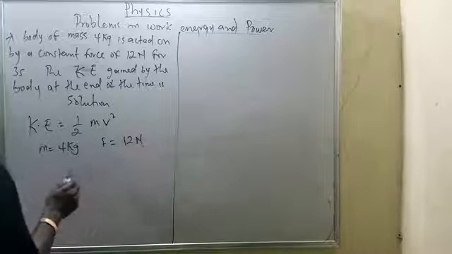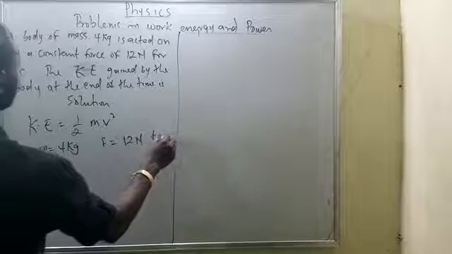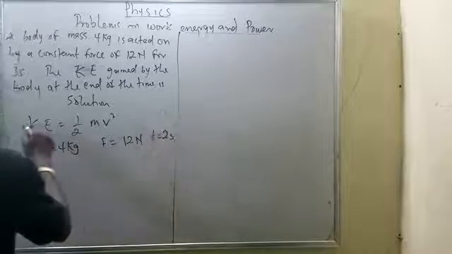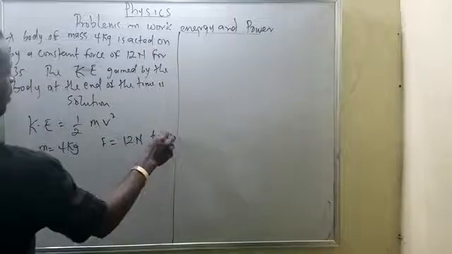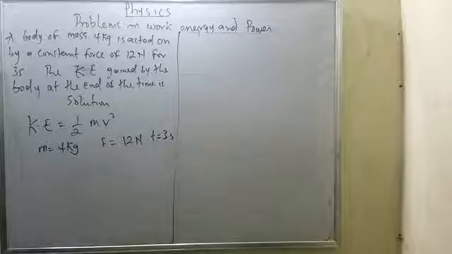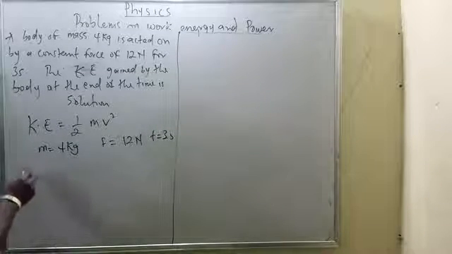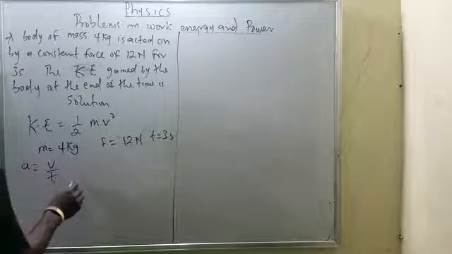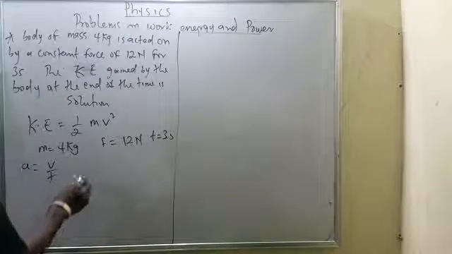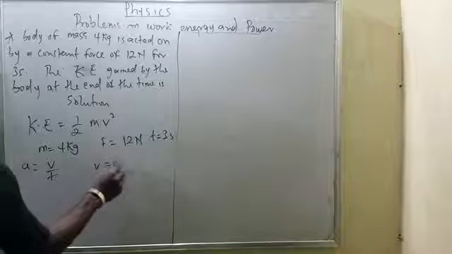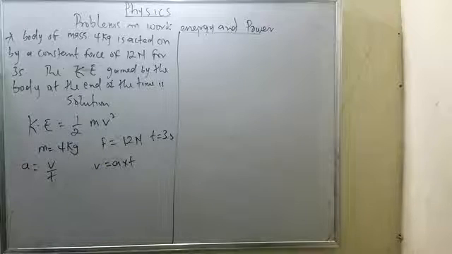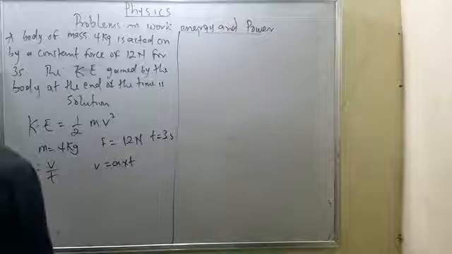What again is missing? My time is 3 seconds. Since I have them this way, we all know also that my acceleration is equal to this, which is also my velocity can be equal to a multiplied by time.